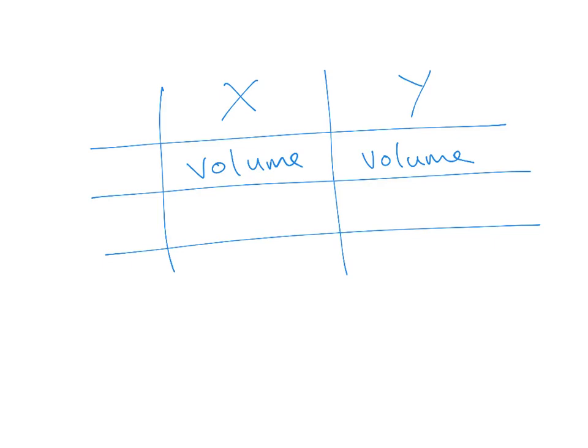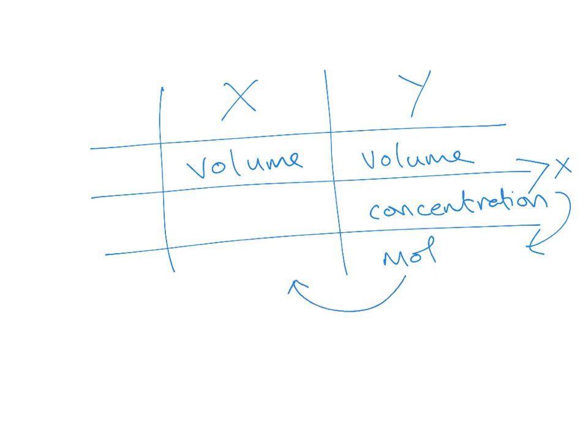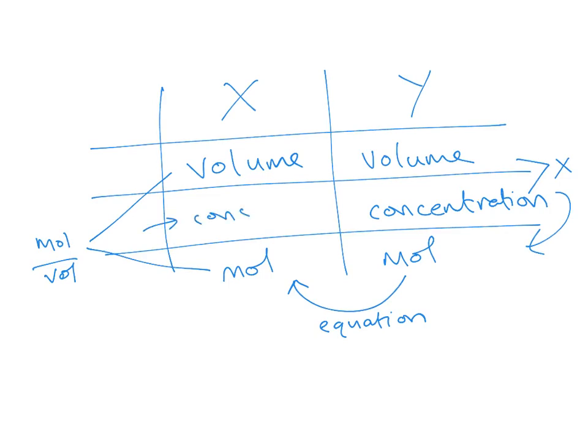And then you would have a concentration for one of them, such as Y. If you have volume and concentration, you can times them to get moles of Y. You would then go from moles using the balanced chemical equation to get moles of X. You would then take your moles over your volume of X to get concentration. You'd have to do that in separate steps though, because normally it will do them in separate steps in the question.